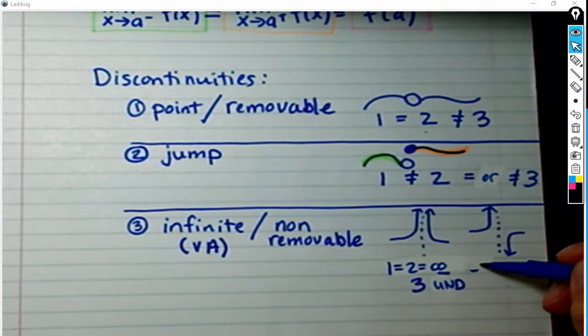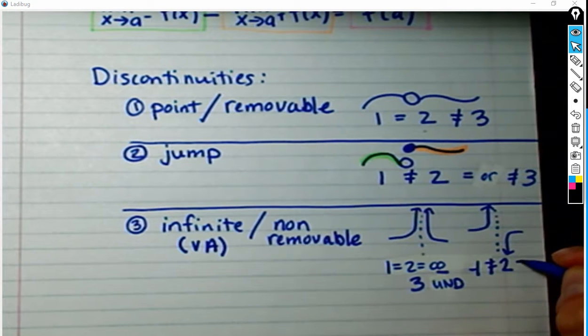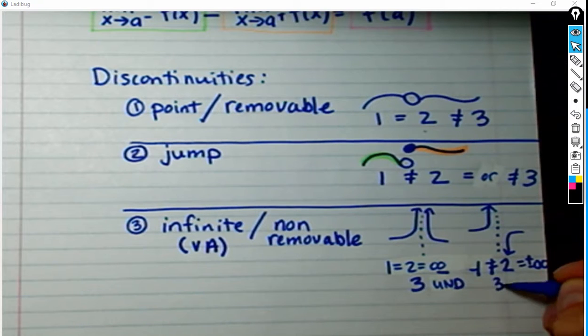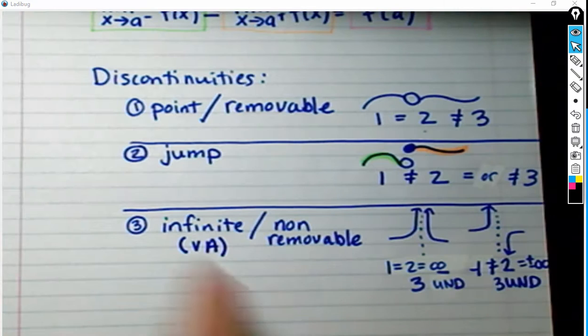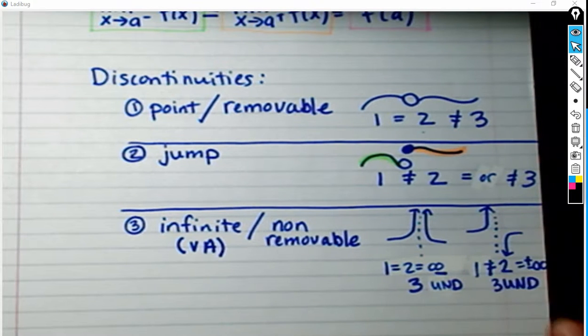Okay, so what about this next statement? 1 doesn't equal 2, but they're still infinity. Okay, so it's still infinity. Is there a point? Nope. 3 is undefined. So as I'm looking at the infinite and the non-removable discontinuity, there's one thing in particular that you have to look at.